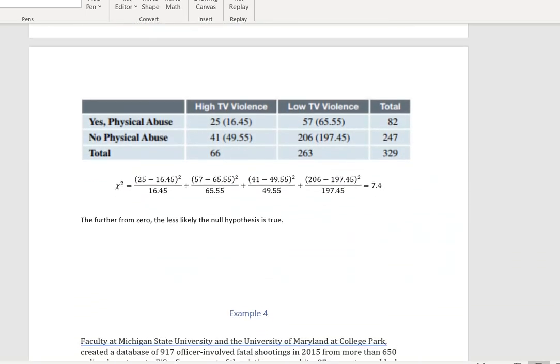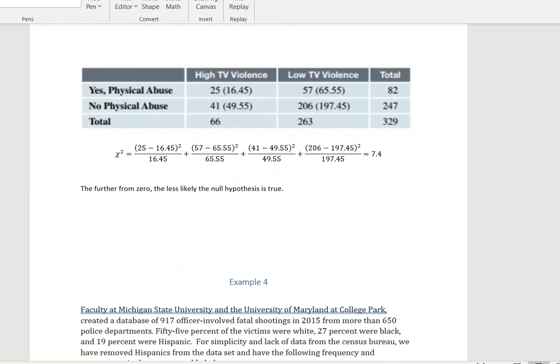If we do that for the physical abuse versus TV violence example, for this first cell, we would take our observed minus our expected, square it, and then divide it by our expected. We would do that for every single cell, and after that we would add them together, and we would get 7.4.